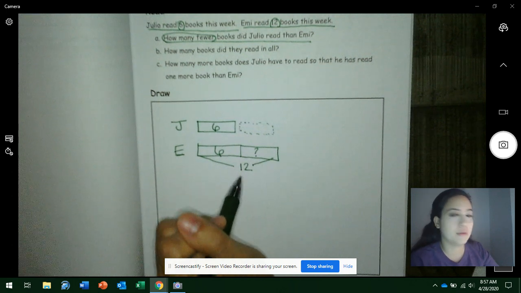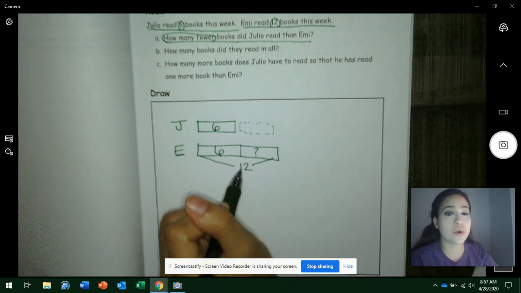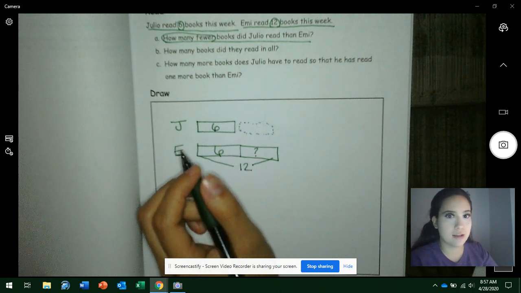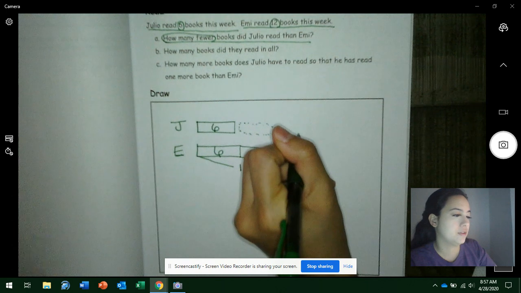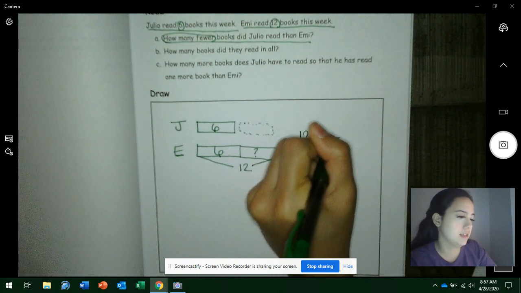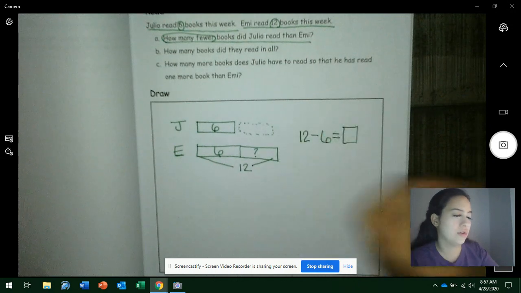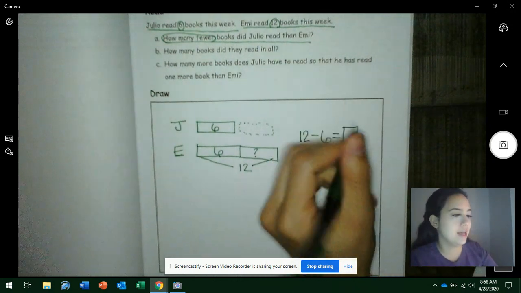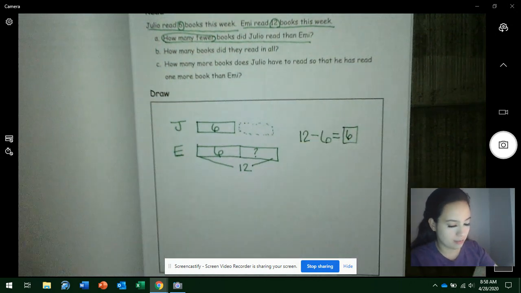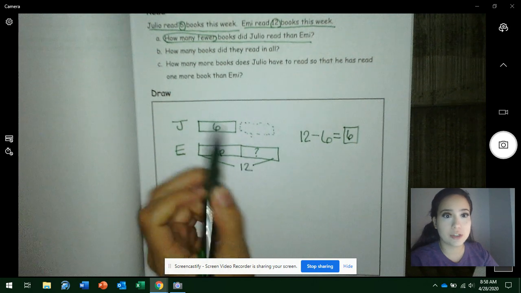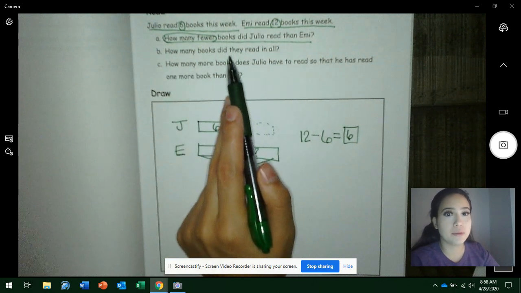So let's start with our total and write a subtraction sentence. Ready? 12 minus 6 equals what, boys and girls? Get ready. Yes, 6. Good job.